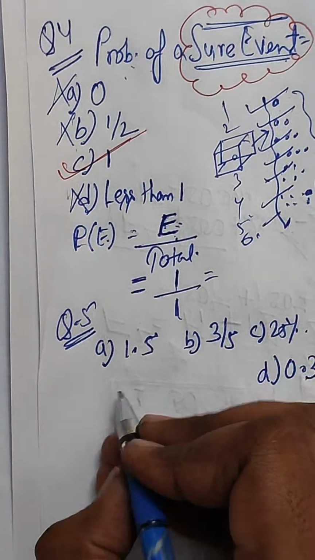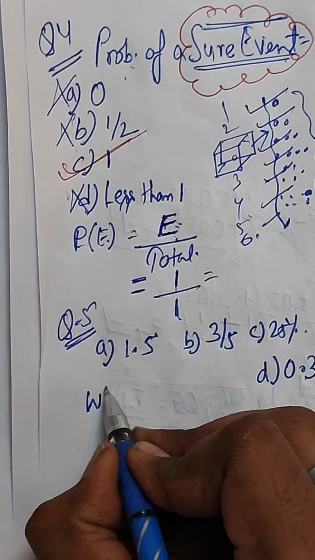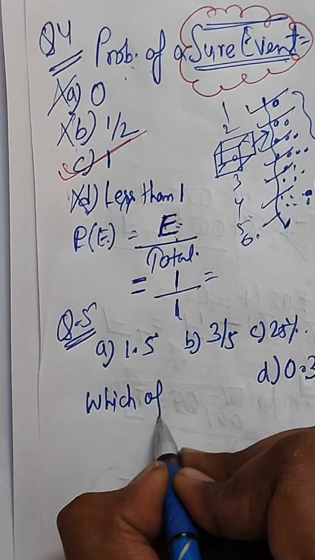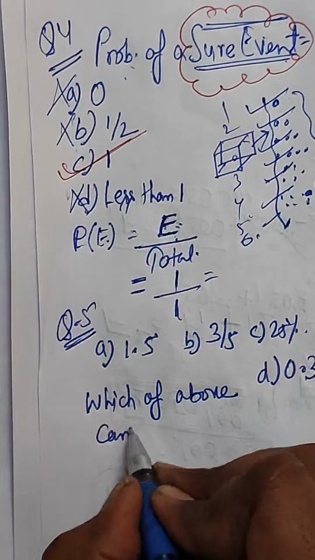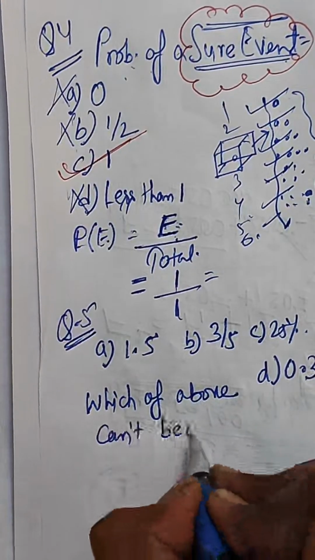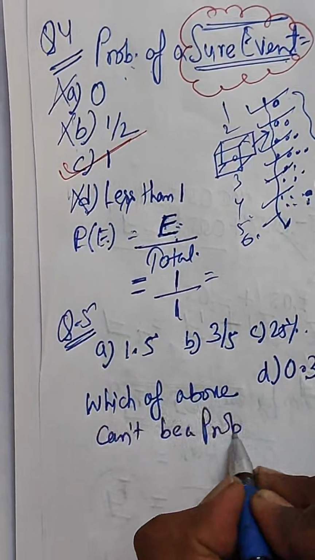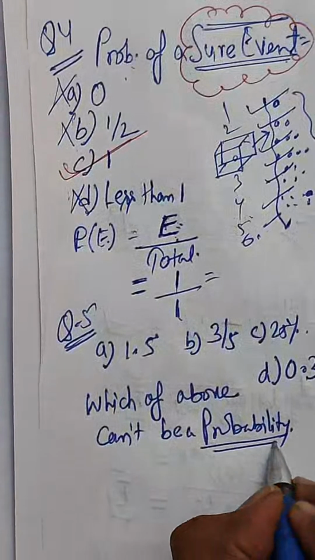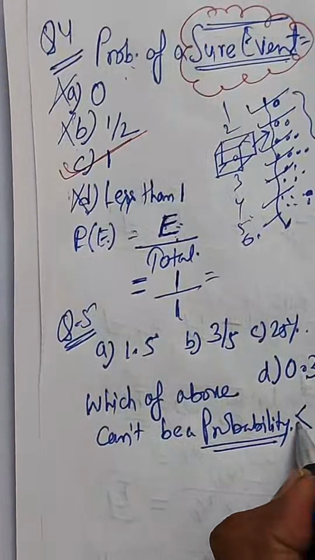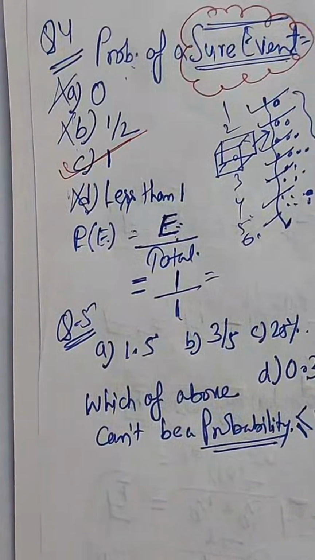Which of the above can't be a probability? So as we discussed, the probability of an event is always less than or equal to 1, right?